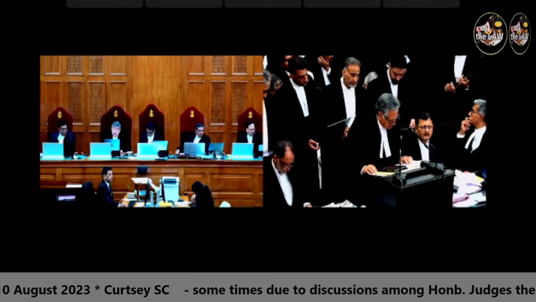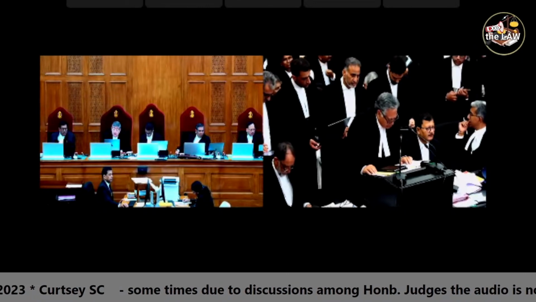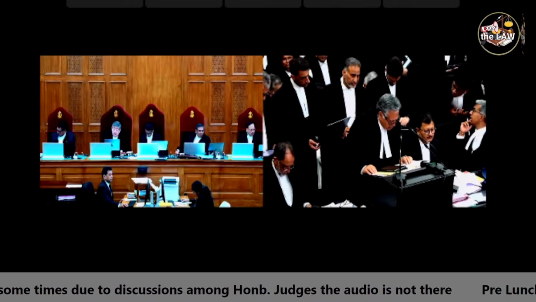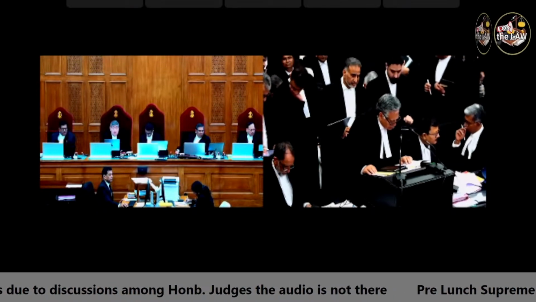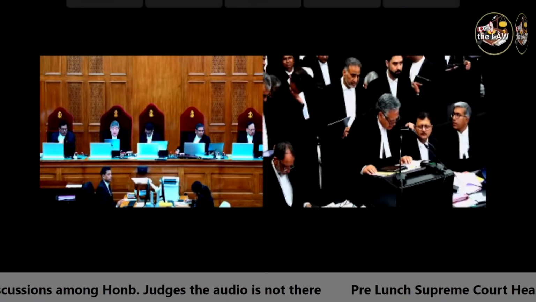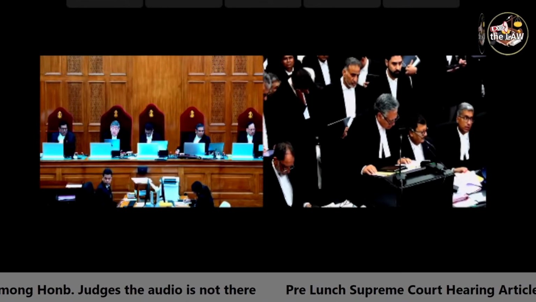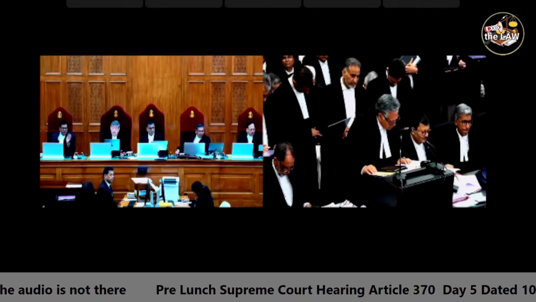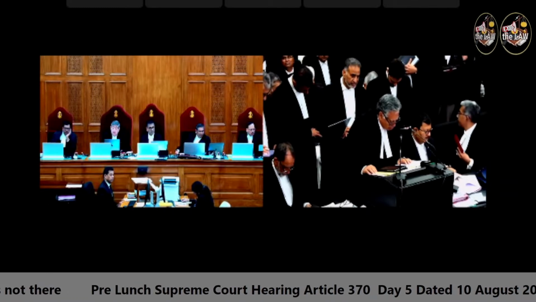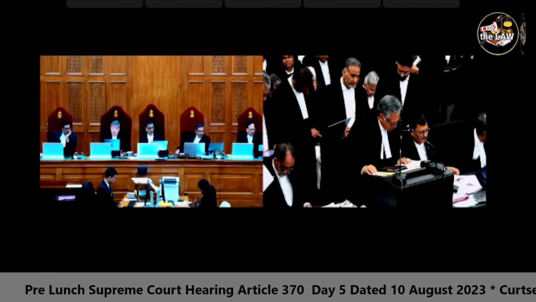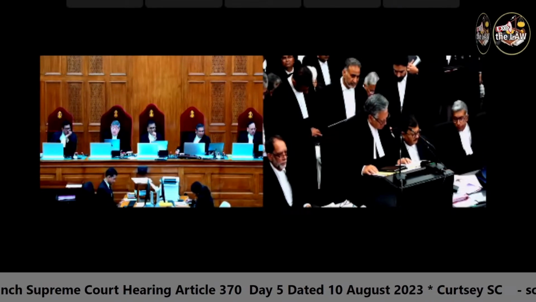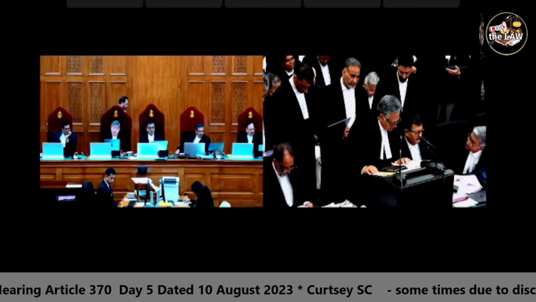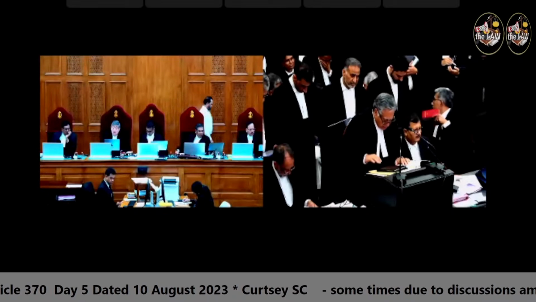Notwithstanding anything in Article 5, a person who has after the 1st day of March 1947 migrated from the territory of India to the territory now included in Pakistan shall not be deemed to be a citizen of India, provided that nothing in this article shall apply to a person who, after having so migrated to the territory now including Pakistan, has returned to the territory of India under a permit for resettlement or permanent return issued by or under the authority of any law, and every such person shall, for the purpose of clause B of Article 6, be deemed to have migrated to the territory of India after the 19th day of July 1948.